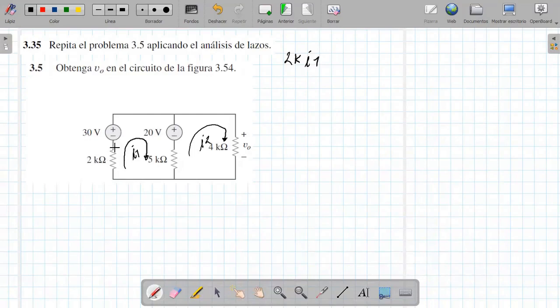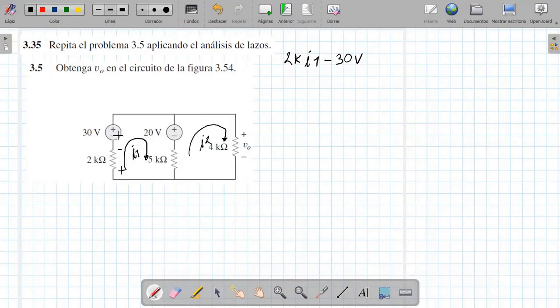Minus 30 volts, because I'm taking this meaning. There are some that take this voltage as output. Let me explain. If the current goes clockwise, this would be polarizing more or less. That is why plus is put where the current comes in and then minus comes because it is entering.